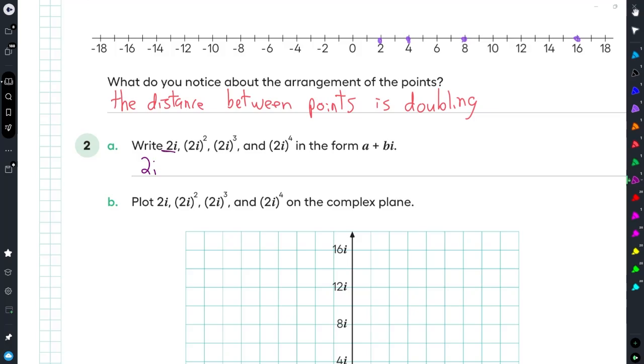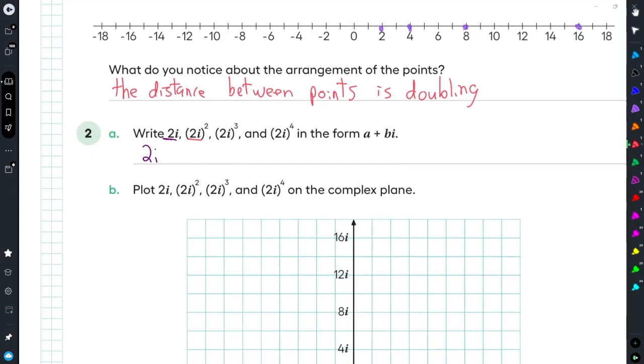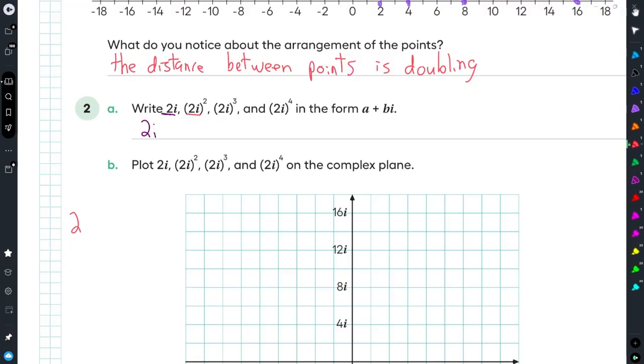Now 2i squared: 2 squared is 4, and i squared is negative 1, so 4 times negative 1 is negative 4.